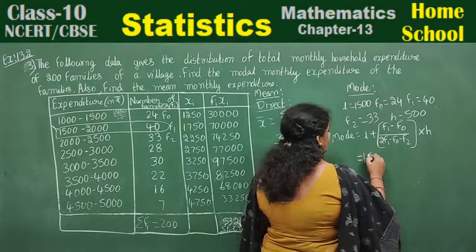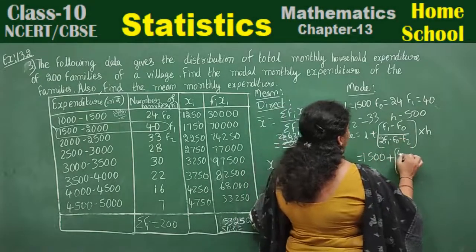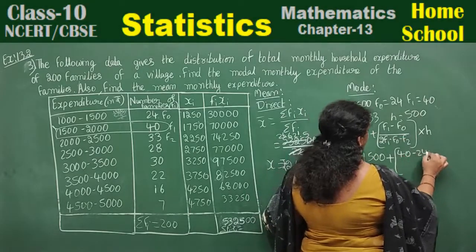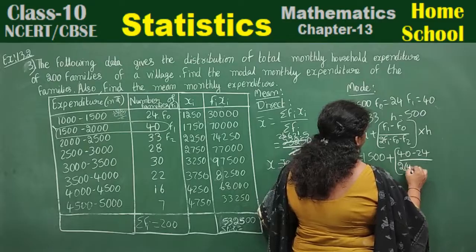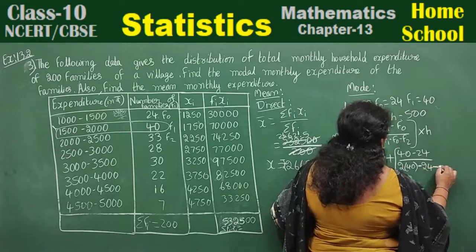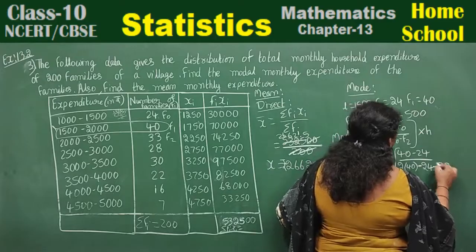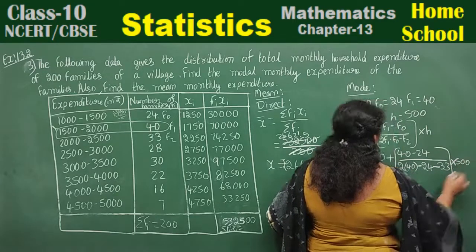Substitute. 1500 plus f1 40 minus 24 by 2 into f1 40, minus f0 24, minus f2 33, into h 500.